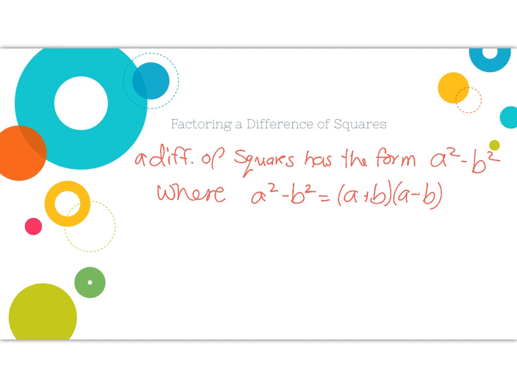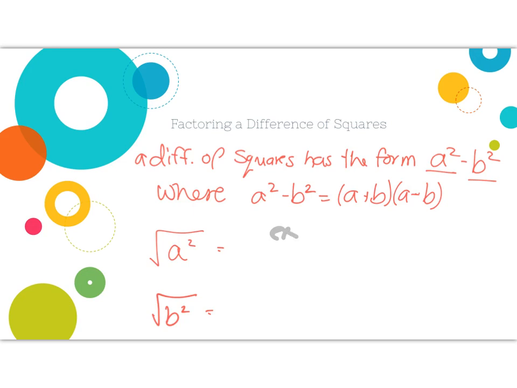So you can recognize a difference of squares because both the first term here and the second term here can be square rooted. So a squared, we can actually get a perfect square, and b squared, that second term, is also a perfect square. Okay, so for example, I have one in my notes.